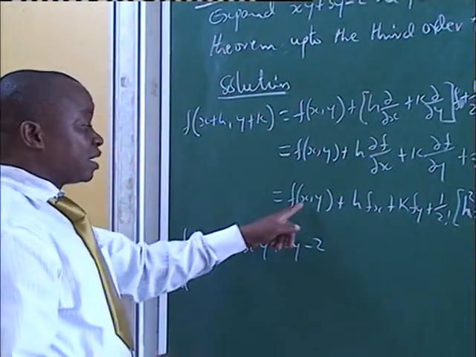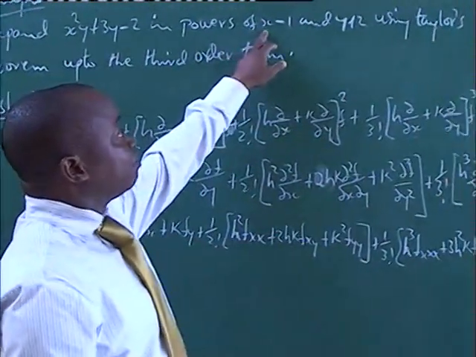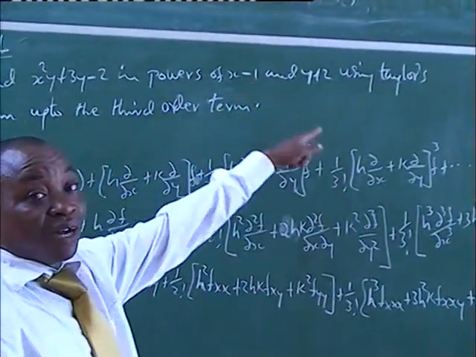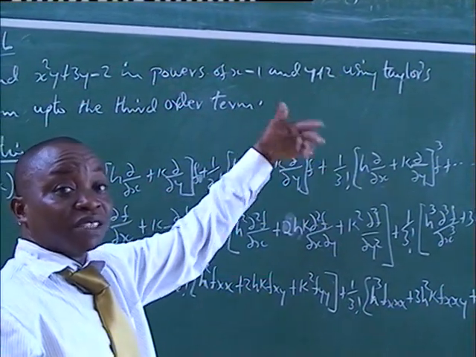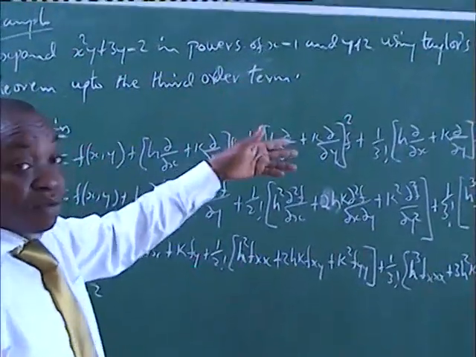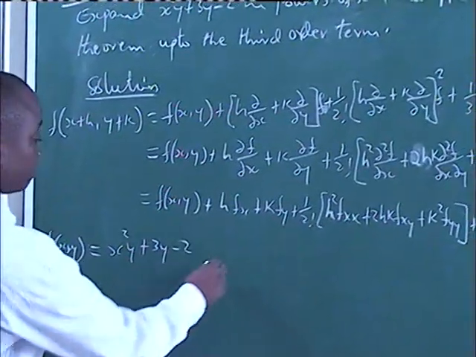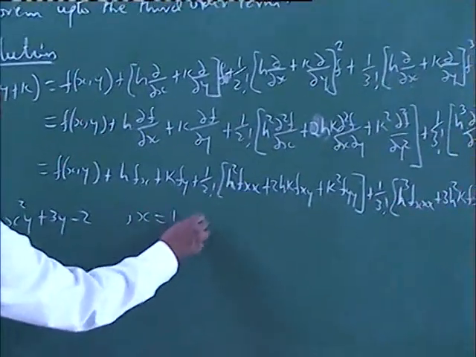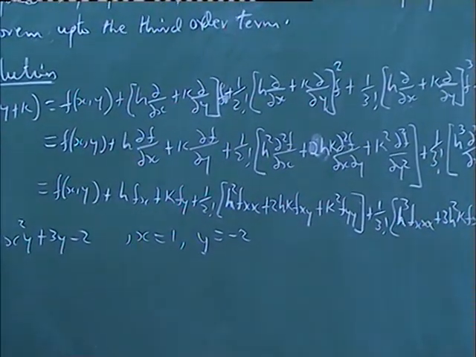What are we expanding about? See, we are expanding in powers of x minus 1, which is x is equal 1. The power of y plus 2, that is the same thing as y minus minus 2. So what we'll do now is we're putting x is equal 1, y is equal minus 2. That is what we are expanding about.